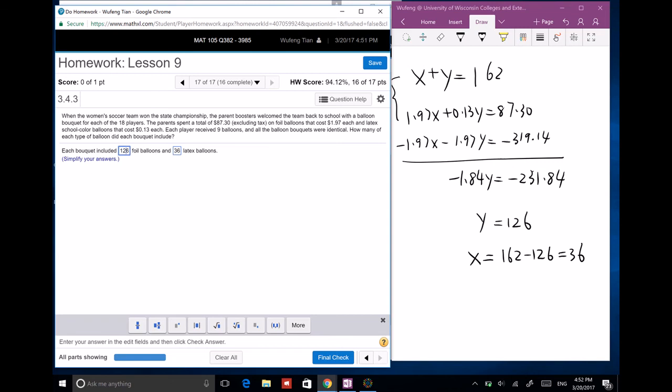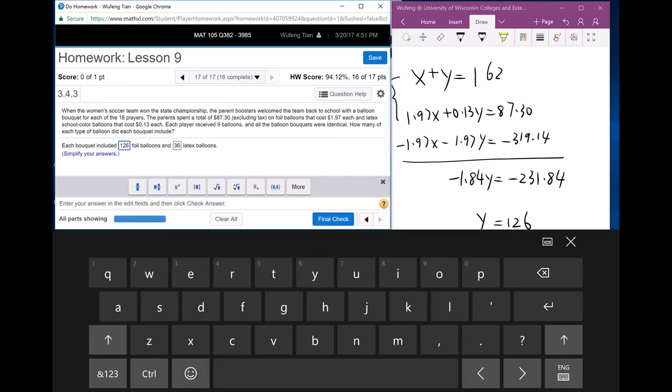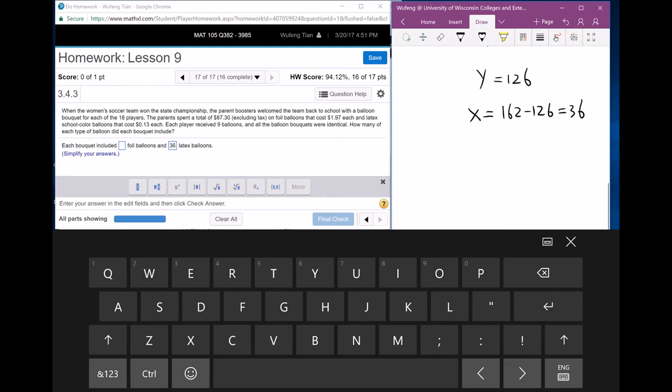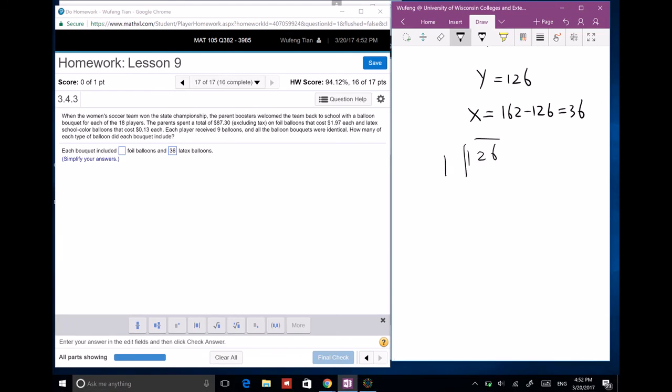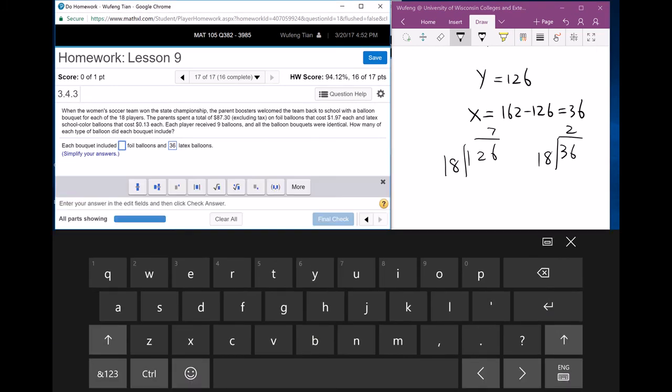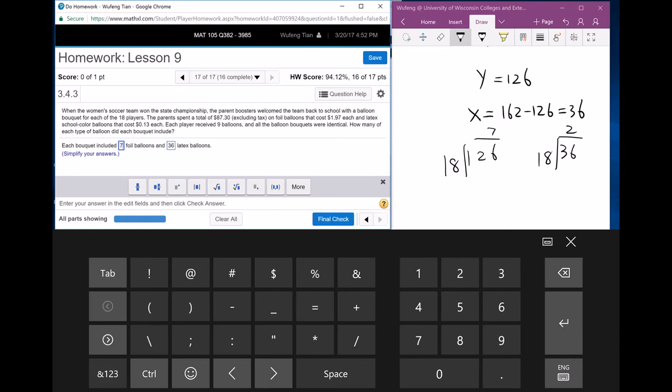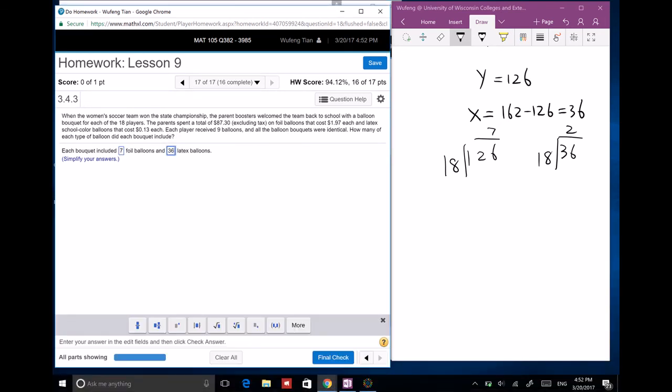Each player gets nine balloons, 7 and 2, because 126 divided by 18 equals 7, and 36 divided by 18 equals 2. Is it 2 or 7?